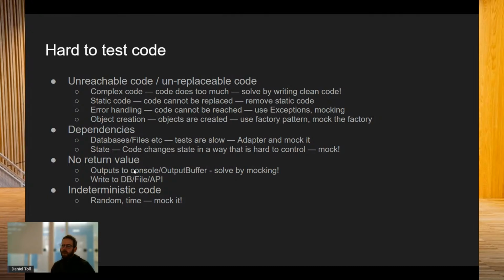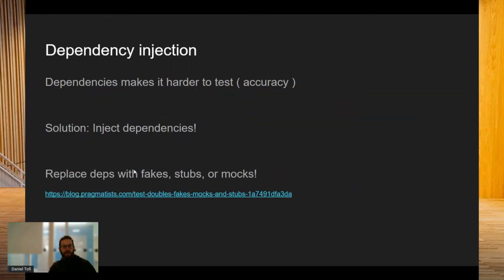Or if the code is writing to a database, you can look into the database and find out, did it write the correct thing? But now we're going to learn how to do that without this messy way, using Mockito instead.